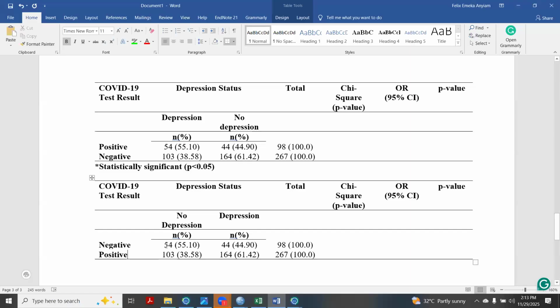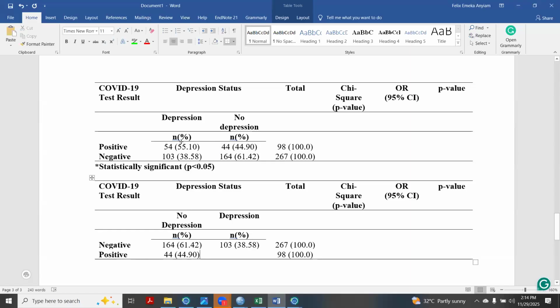So negative and no depression is this. Negative and depression is this. Now, sorry, this will go the other way. So let me bring this up here. Then this will now be 98. Then positive and no depression is this.